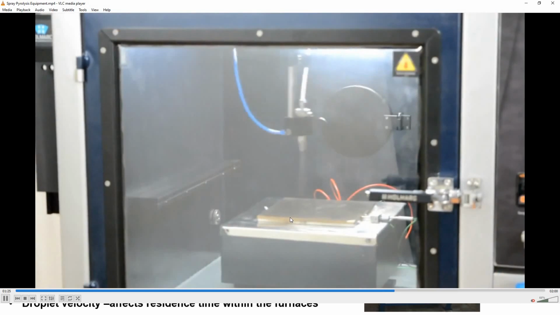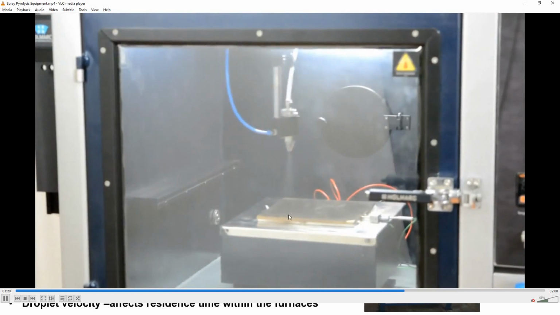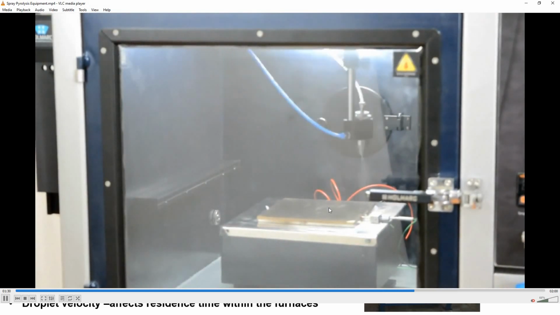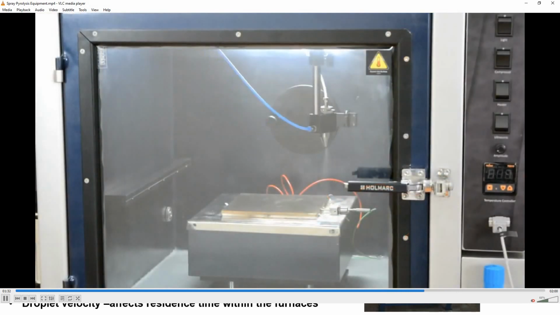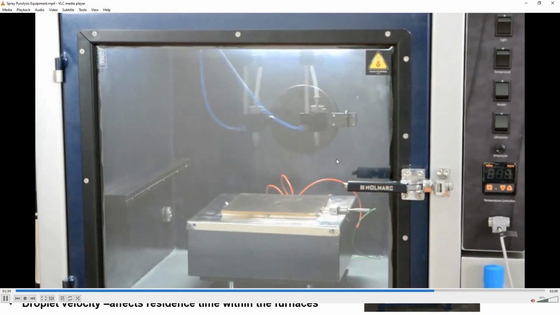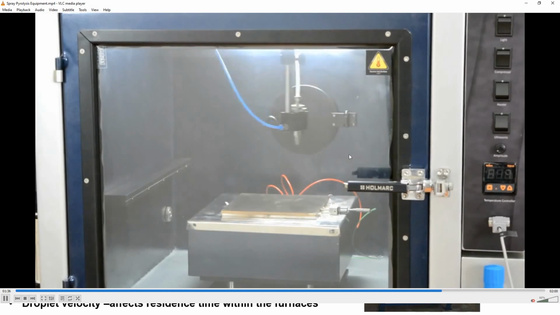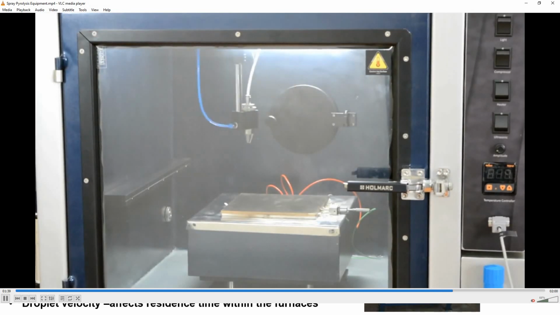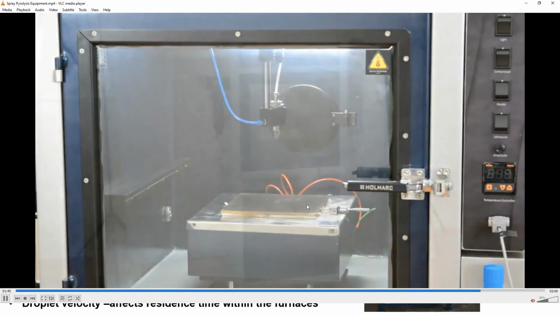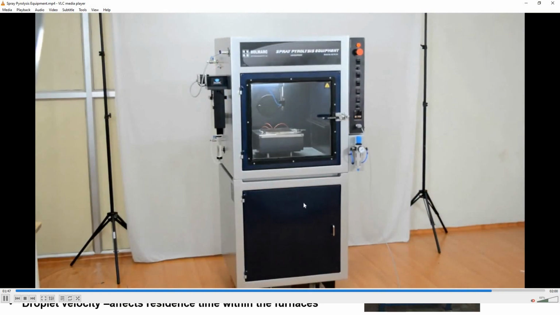You can also have control on some specific places if you want to deposit your material. So directly you are interfacing this instrument with a computer, so you can have all controls of atomization and specific area deposition and other things as well.